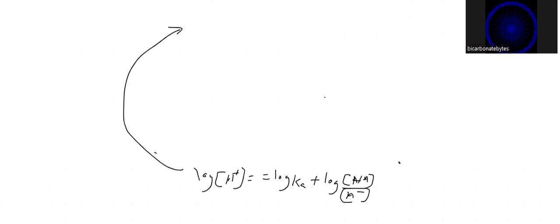We get negative log of proton concentration is equal to negative log of Ka minus log of HA by A minus. Everything is base 10, you've got to keep that in mind.